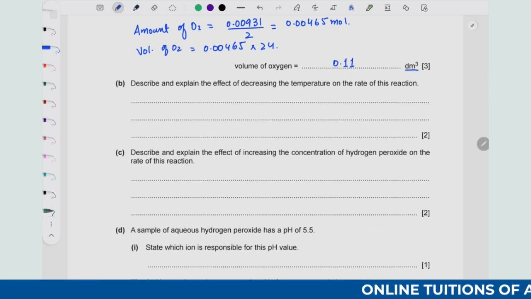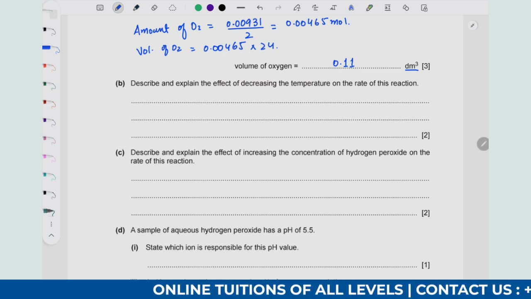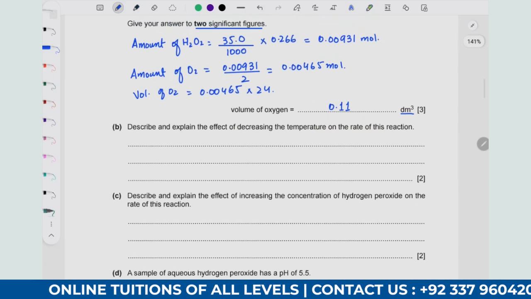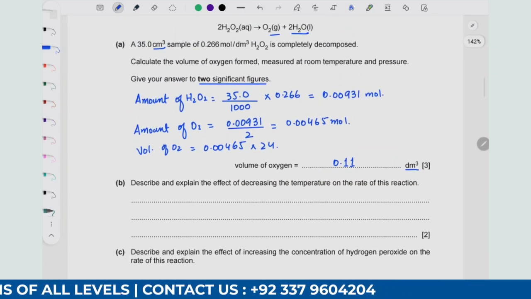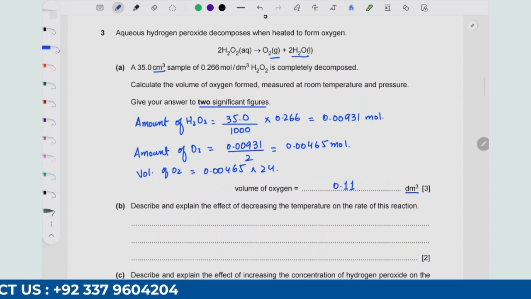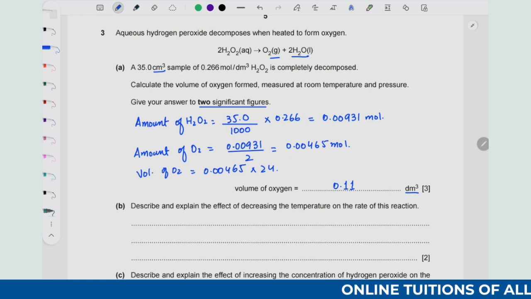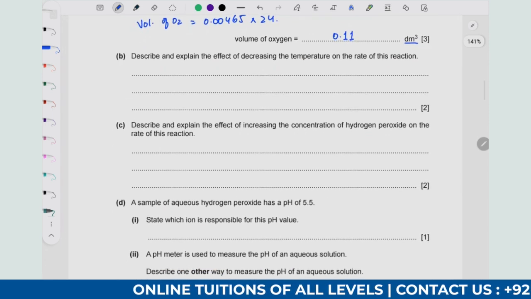Moving towards the next part: describe and explain the effect of decreasing the temperature on the rate of this reaction. So we can see that the reaction is a forward reaction. They are asking how decreasing the temperature will affect the rate of reaction.